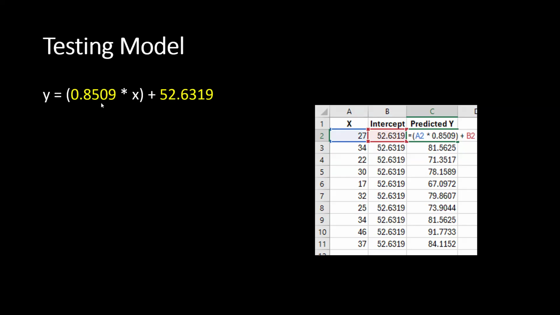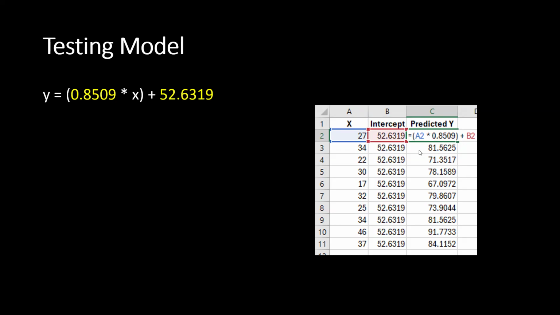And with this particular equation here, you can use Excel or you can use pencil and paper to test your model to see what the outcome variable is for y, the predicted outcome variable y, as it relates to our value of x. And remember, y is our dependent variable, and x is our independent variable.